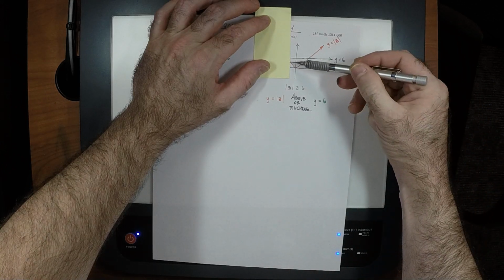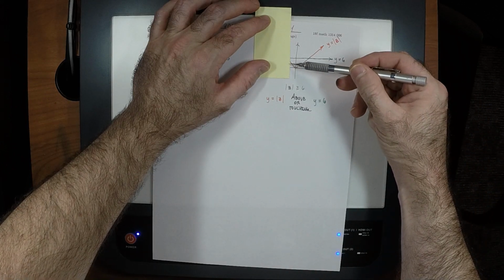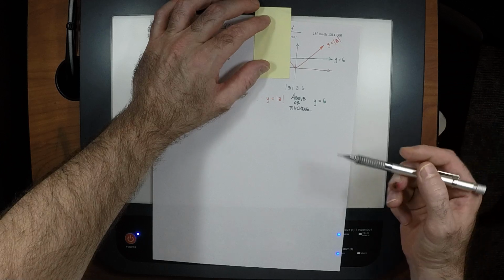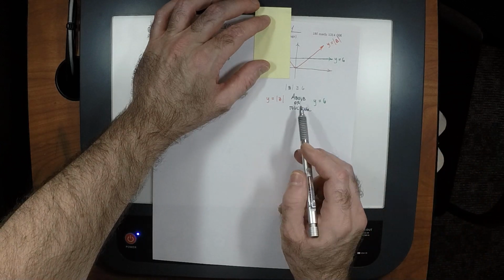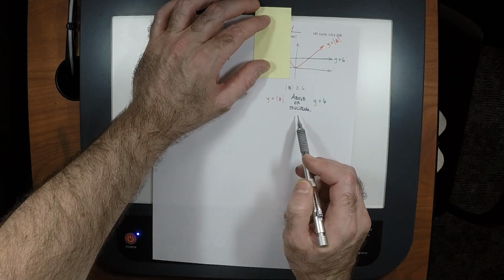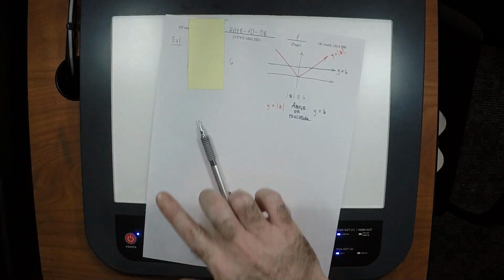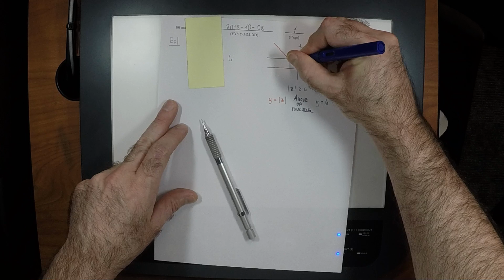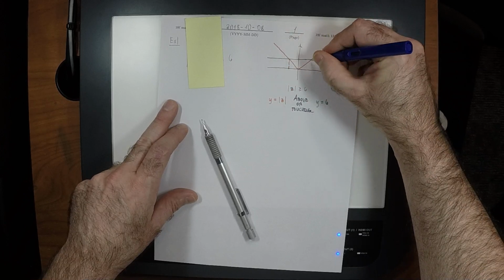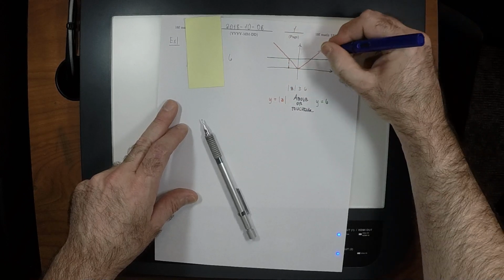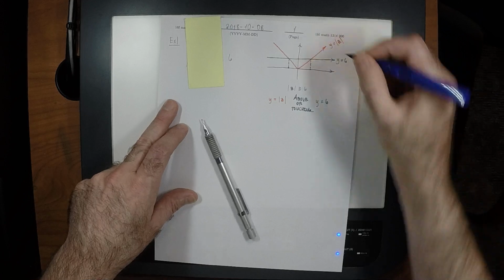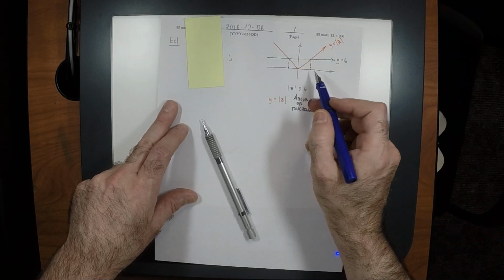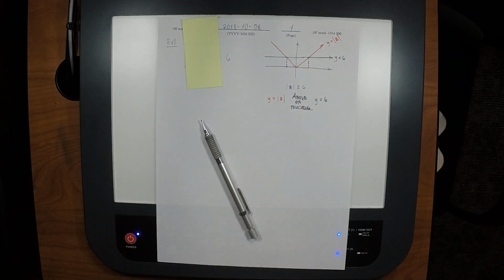Where the red is below the green? Now we want it to be the other way, right? We want red to be above or touching the green. So are they touching anywhere? Yeah. Red and green are touching at that x value, or z value, I guess, and that one also. That's where they touch. Now, where is red above or touching?